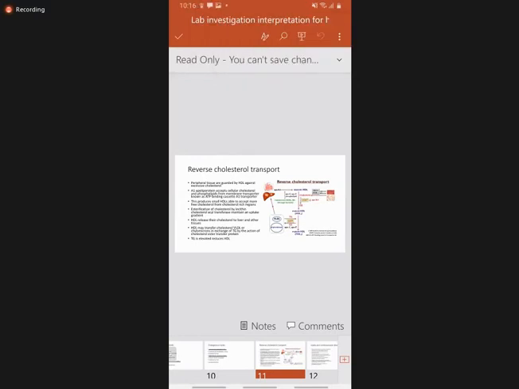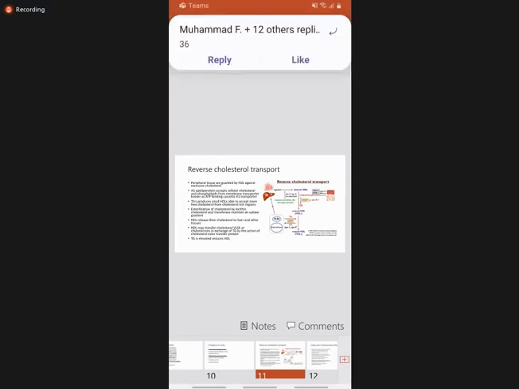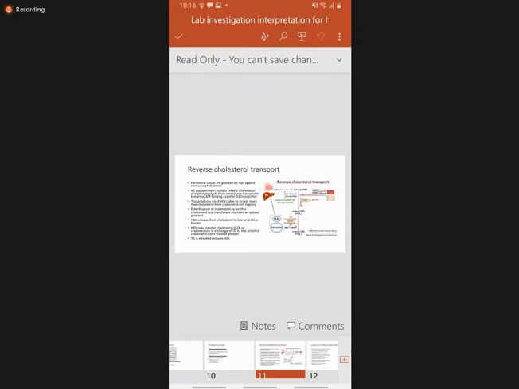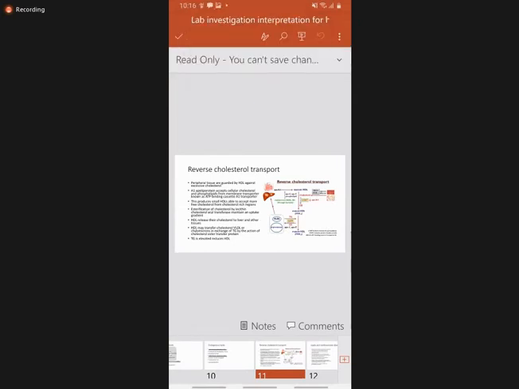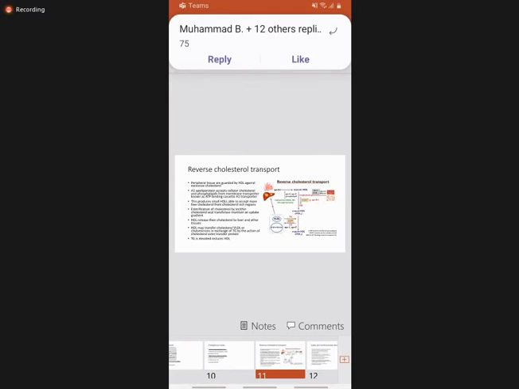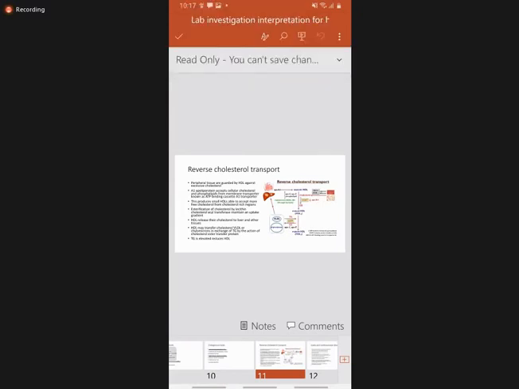Here you see the diagram in which we have the intestine and the liver, and you see apo A1, and it gives an arrow towards the nascent HDL. And at the lower level, on the left side, we have the chylomicrons, the VLDL, and different types of triglyceride-rich particles, right?